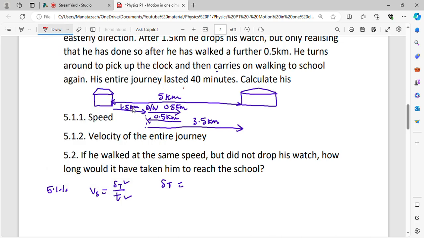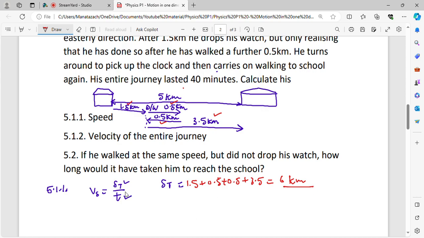He traveled 1.5 kilometers plus 0.5 kilometers plus 0.5 plus 3.5. That is the total distance. Remember, with the total distance, you don't take into account the direction because it is also a scalar. So our total distance is 6 kilometers.